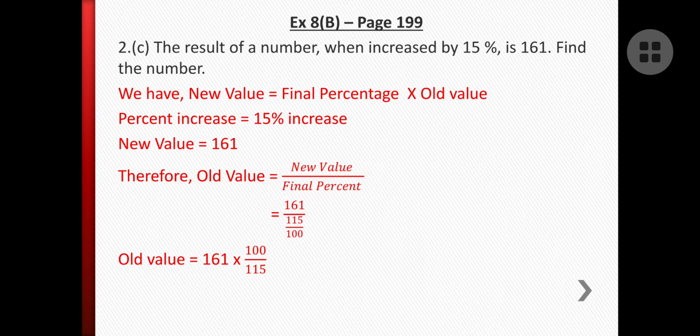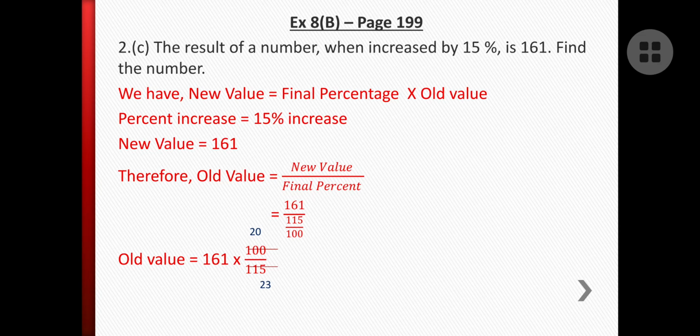Normal process only. So now you can simplify it. I'm simplifying it with 5. So 100 when you divide with 5, you will get 20, and 115 when you divide with 5, you will get 23.